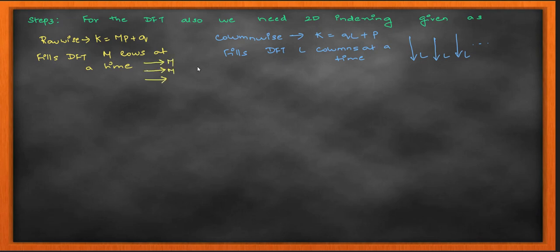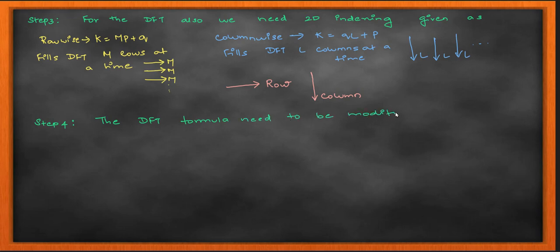What is important here is the factorization that we have done on the time domain, N equal to L into M. That is also applicable at your DFT level, which means the factorization is applicable to k also, and that is what makes me write this row-wise transformation and column-wise transformation.